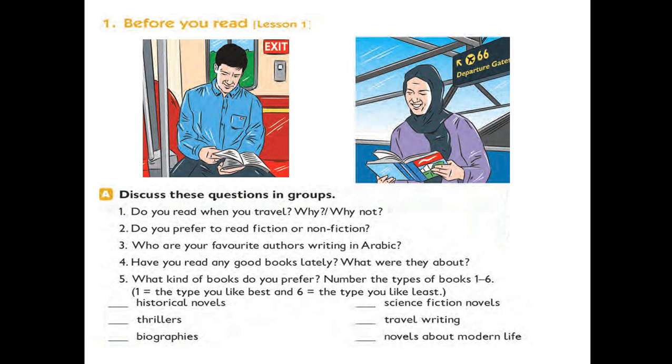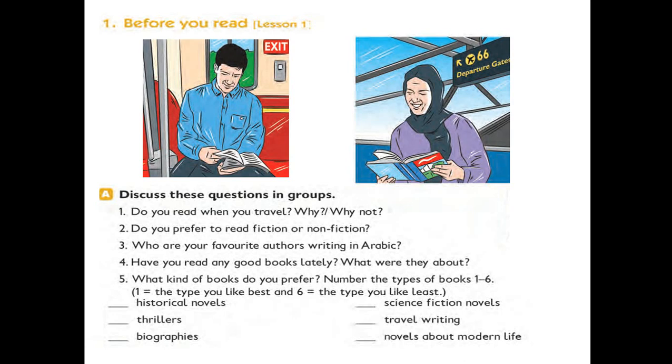These writers are Libyan people. Okay, number 4, have you read any good books lately? What were they about? Depends on your idea. Number 5, what kind of books do you prefer? Number the types of books 1 to 6. Number 1 is the type you like best, and 6 is the type you like least.